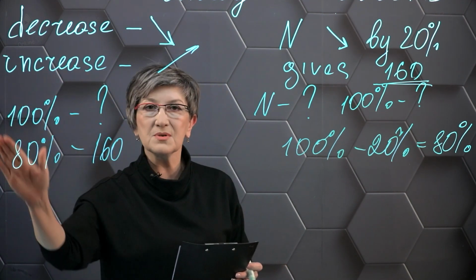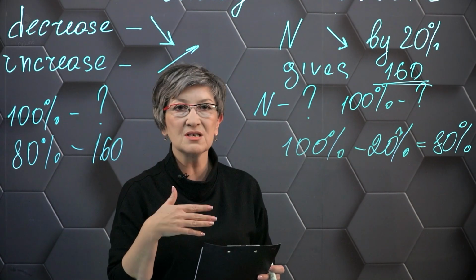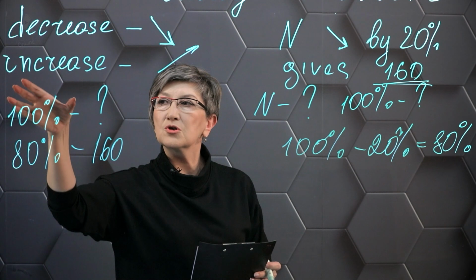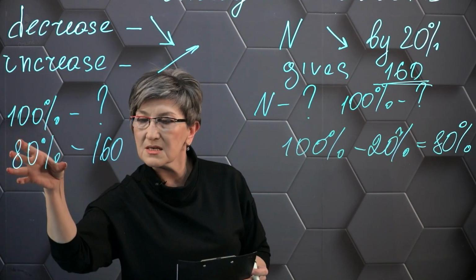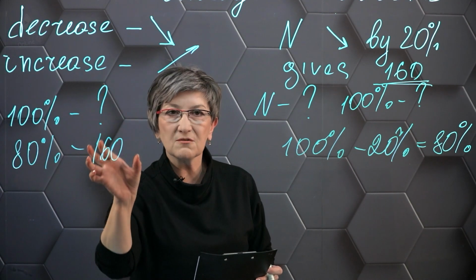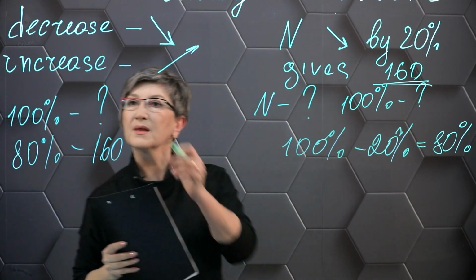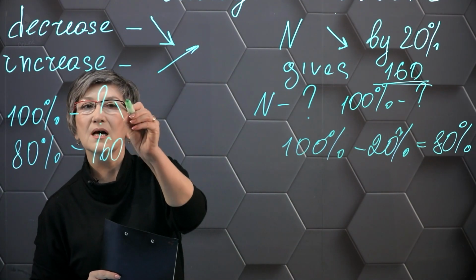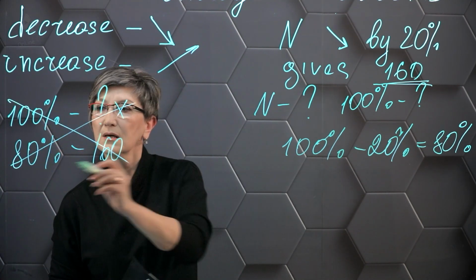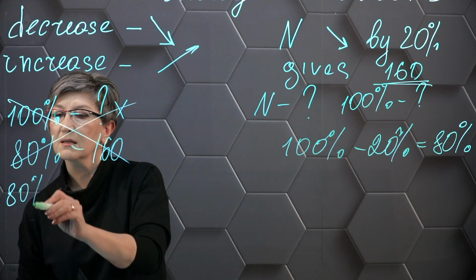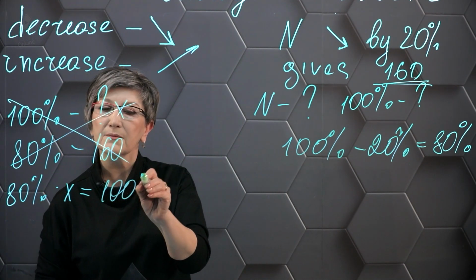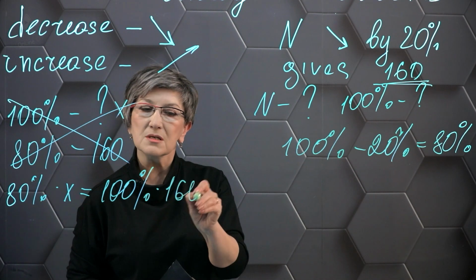And when you've written down the short condition, you can make the proportion. It's important to remember that percentages are always written under percentages. The rest of the units are listed in a separate column nearby. Let's denote the unknown by x and use the rule of proportion: 80% times x equals 100% times 160.